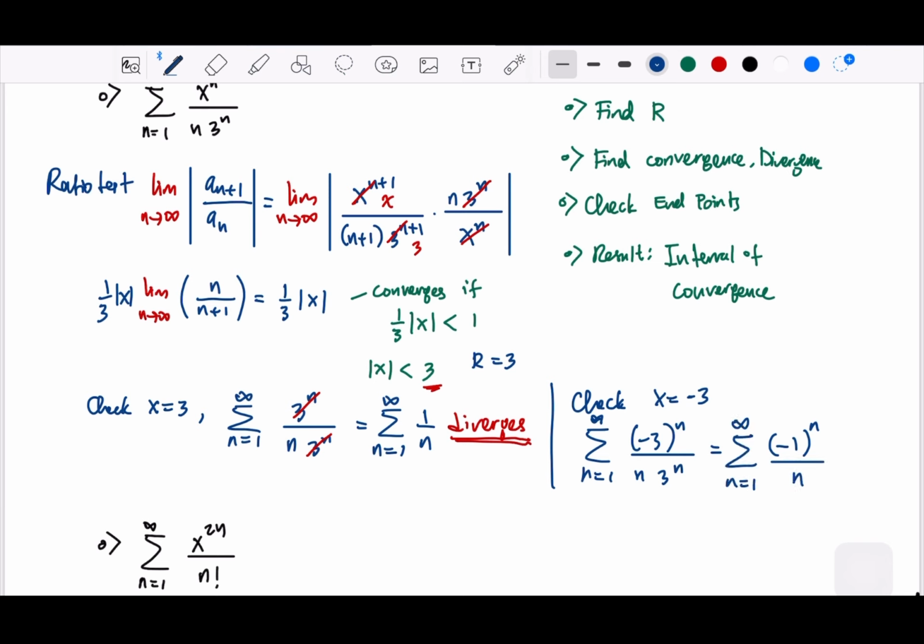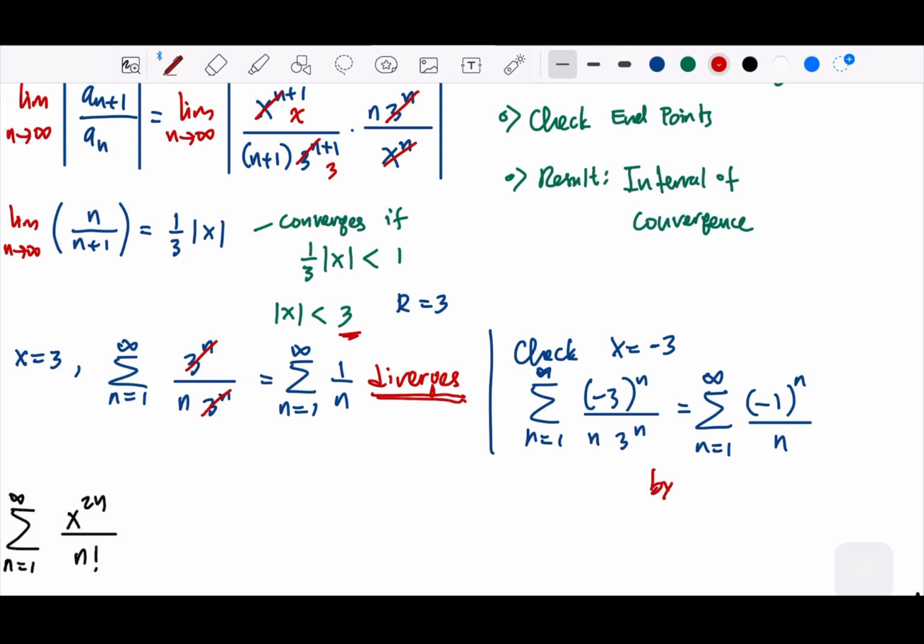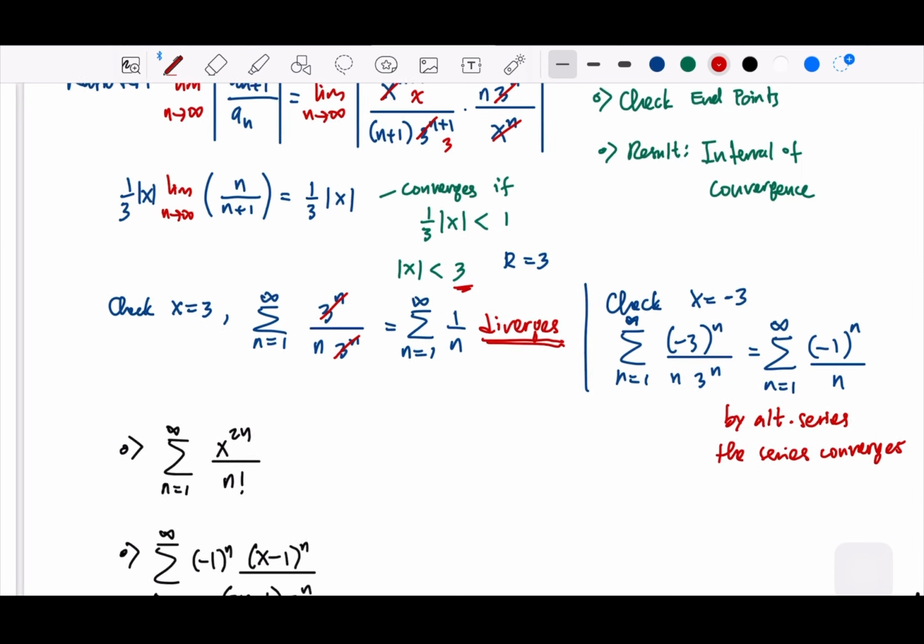So we can cancel the 3^n, and it will be (-1)^n over n, the one that is left. And remember, by the alternating series test, this converges, right? So we need to include -3.